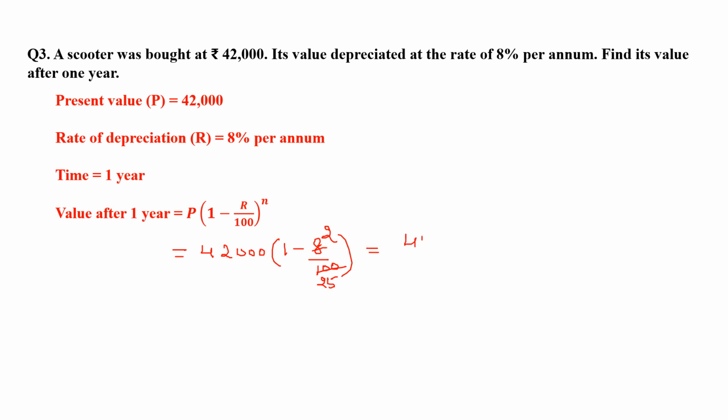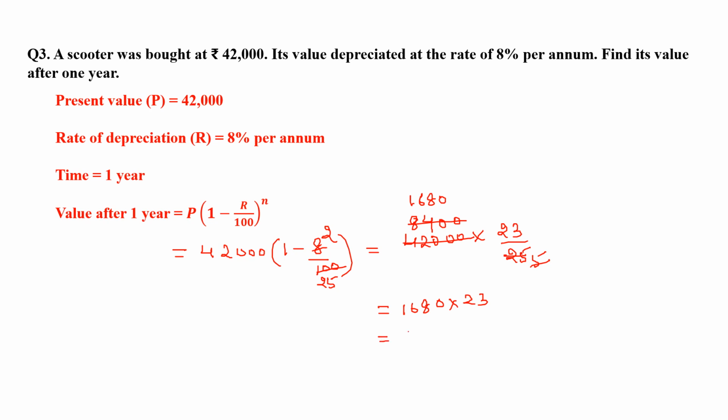So it is 42,000 into, if I take the LCM, 23 by 25. And if I reduce it, 5 times 5, 5 eights are 40, then 5 times 4 is 20, so 8400. Again I am going to reduce with 5, so it will give me 1680.